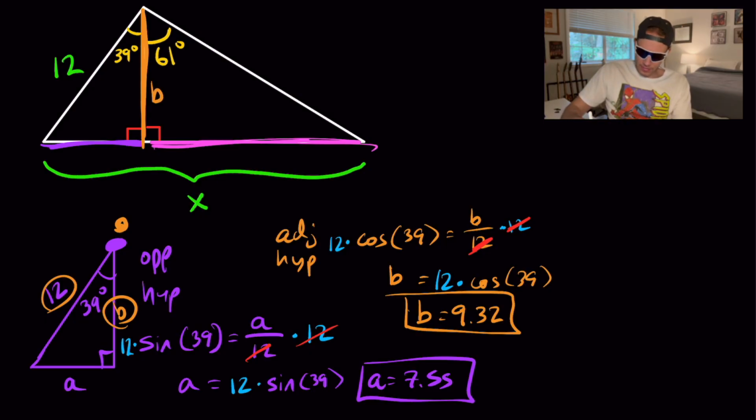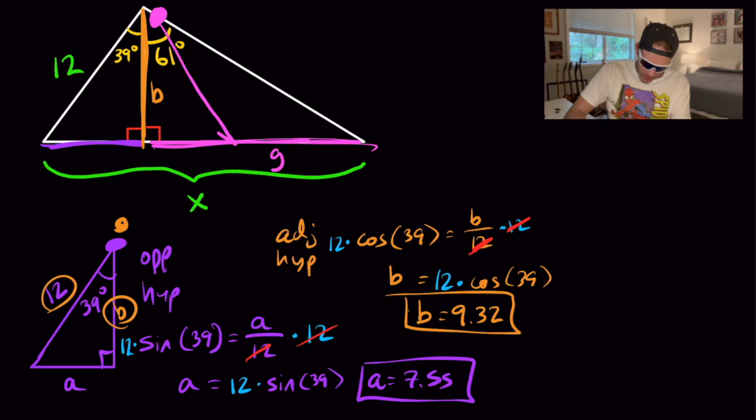And now we can figure out the length of this pink leg right there, since we know what B is. So this time we're going to look at this right triangle over here, the one on the right side, I should say. And then our starting point is going to be this angle, that 61-degree angle. Well, we want to solve for, let's call this side, not D, let's call it G. All right, so we want to solve for G. We know B, and we know that this 61-degree angle is kind of our starting point.